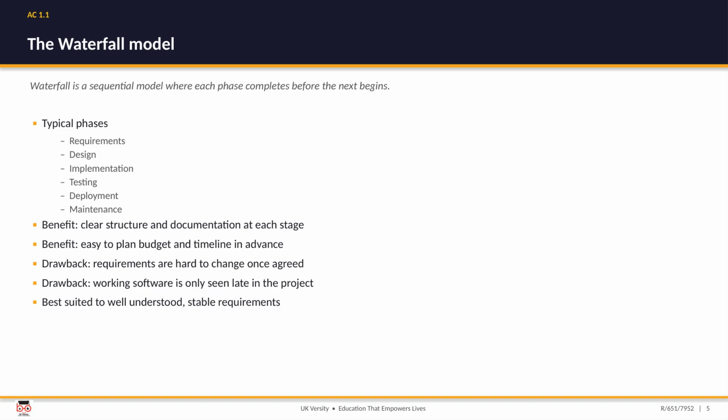Its strengths are clarity and documentation because every stage is signed off, and it is easy to plan a budget and timeline up front. The catch is that requirements are very hard to change once they have been agreed, and you do not see working software until quite late. So Waterfall really shines when the requirements are well understood and stable.